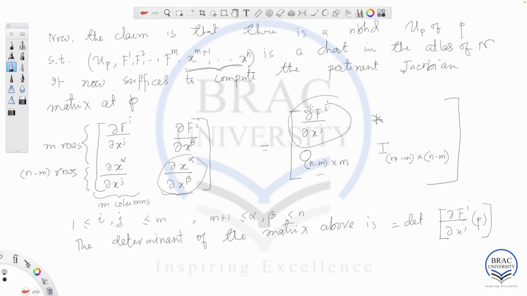And we renumbered fi's and xj's in such a way that this is non-zero, remember? So this is non-zero since this block is non-singular.